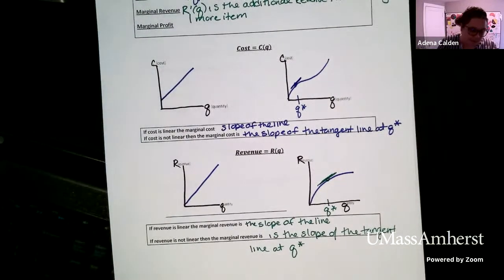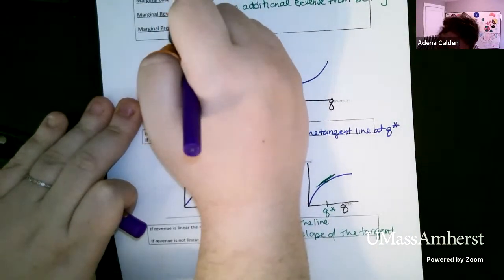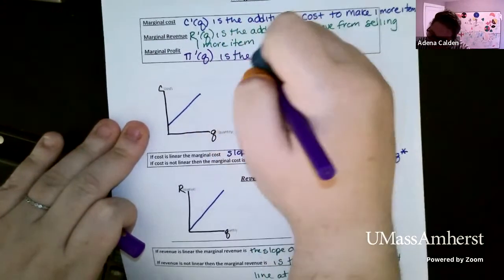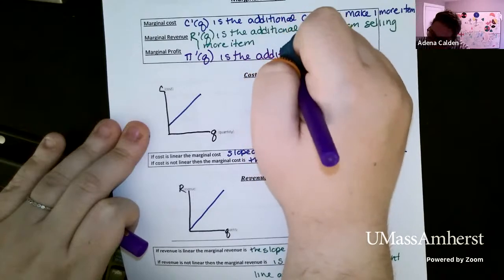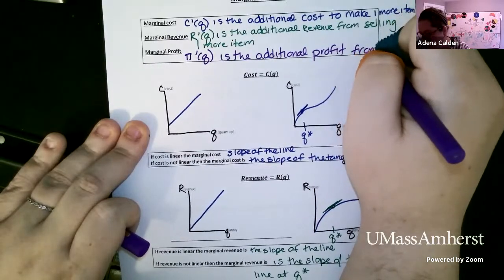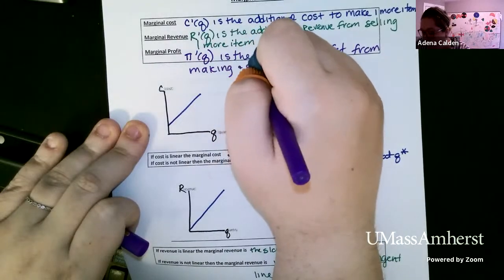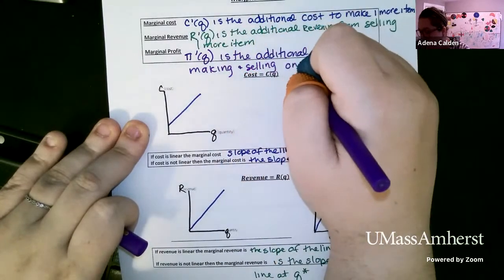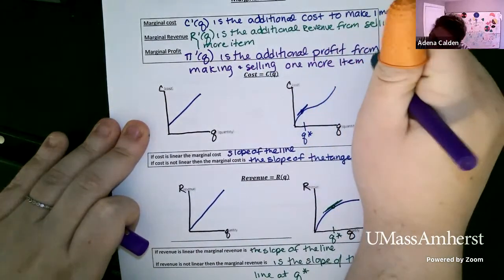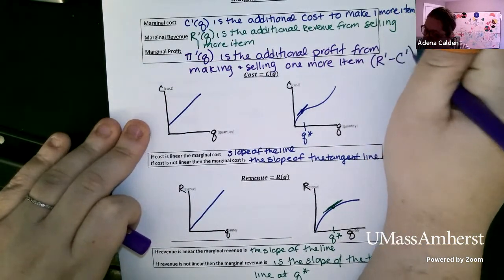And so marginal profit is pi prime of Q, is how we notate it, is the additional profit from making and selling one more item. Okay, and we can calculate that by doing marginal revenue minus marginal cost.